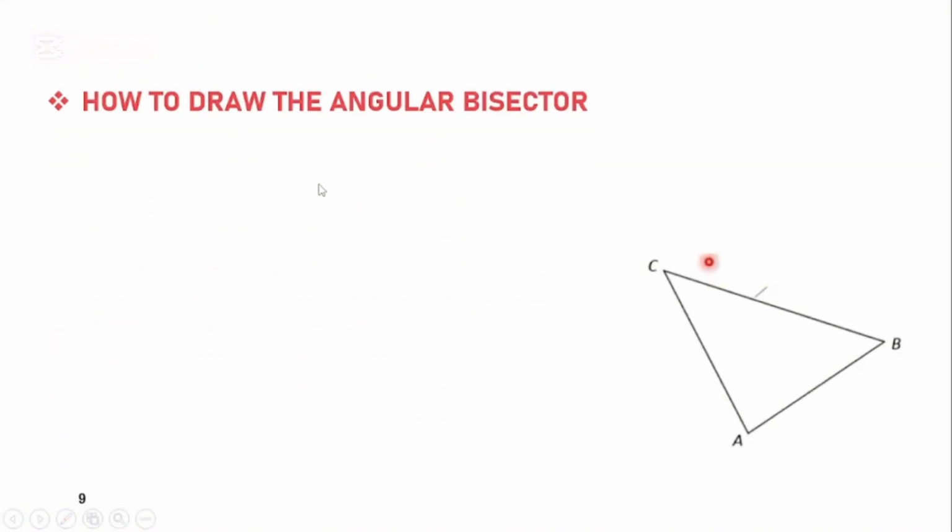Now, how to draw the angular bisector? Let me ask Abdulrahman. What do you think? Okay, perfect.